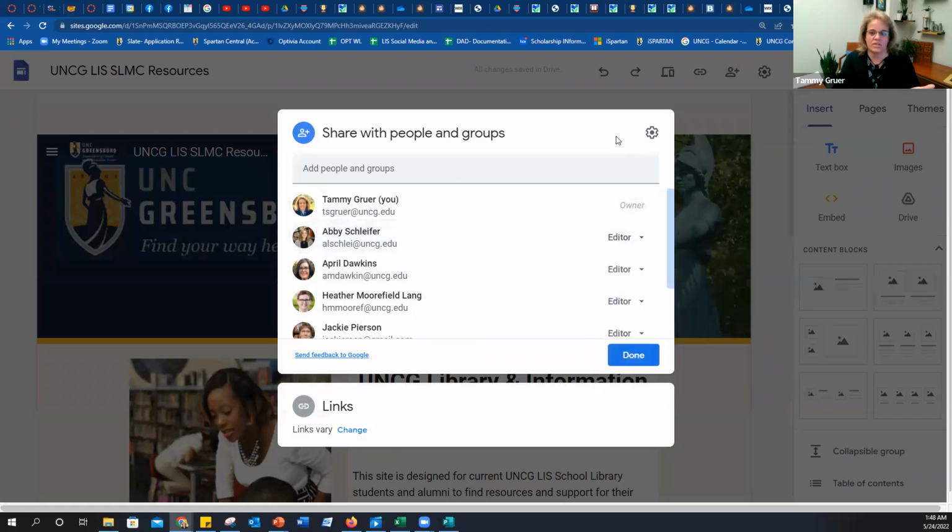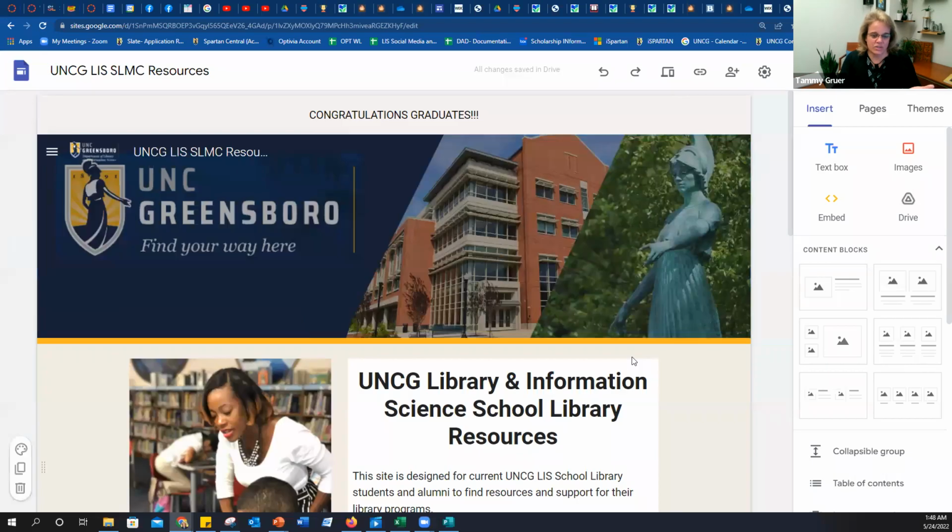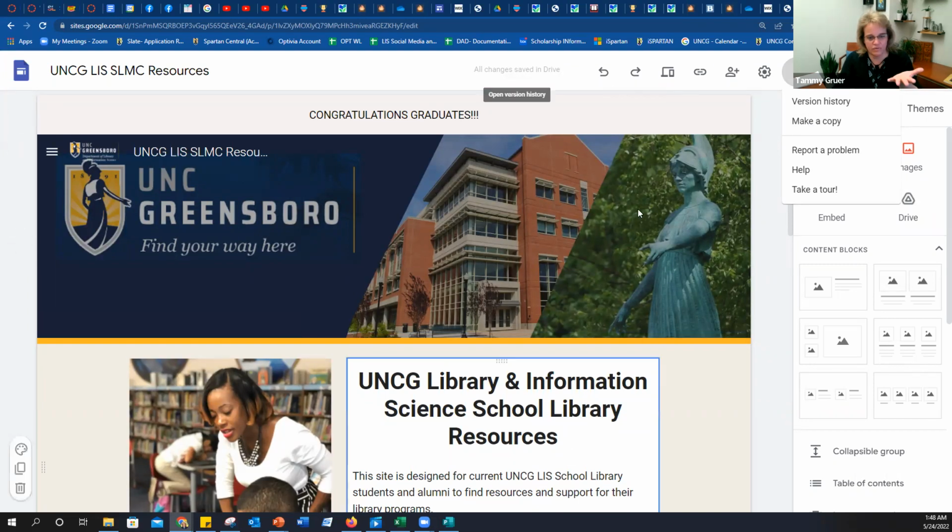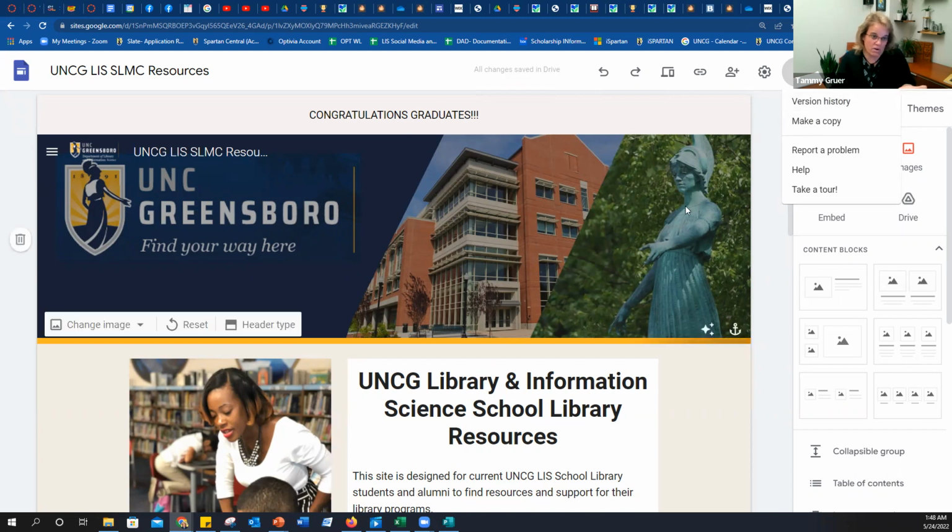So the reason I've asked you to do it in this format is it's also easy to make a copy. When you're in the editing format here, it is published, but I'm in the back door, right? I can go to the top 3 dots. When I click on that, you'll notice it says make a copy.